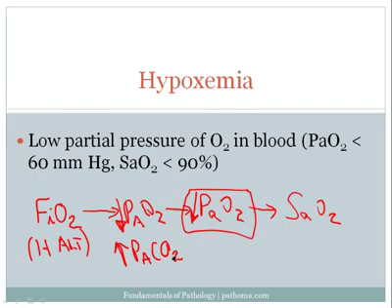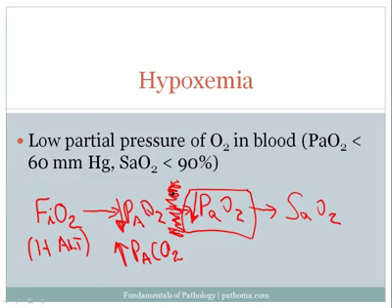Now, once the PAO2 goes down, then automatically the PaO2 is also going to go down, and that's obviously going to be hypoxemia. Another way by which hypoxemia can occur, remember that the PAO2, its goal is to squeeze oxygen into the capillaries of the alveolar air sac. So let's say that we thickened the alveolar air sac so that this pressure, the PAO2, would not be able to squeeze as much oxygen into the capillaries.